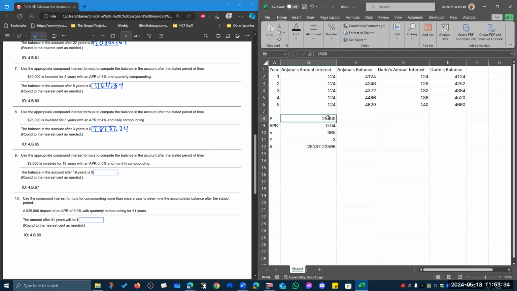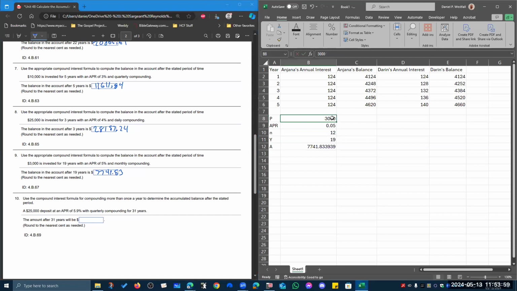Now we have $3,000, 5% interest compounded monthly for 19 years, which is 7,741.83.